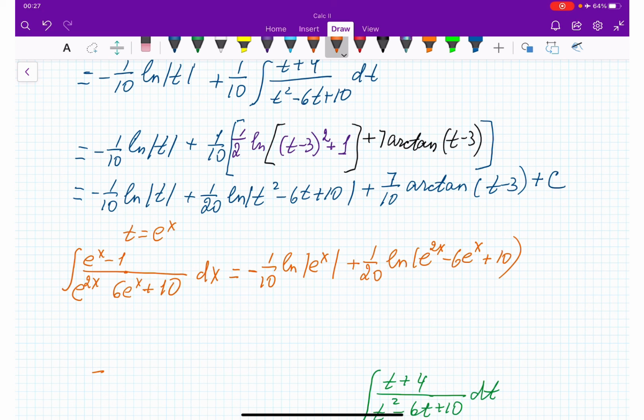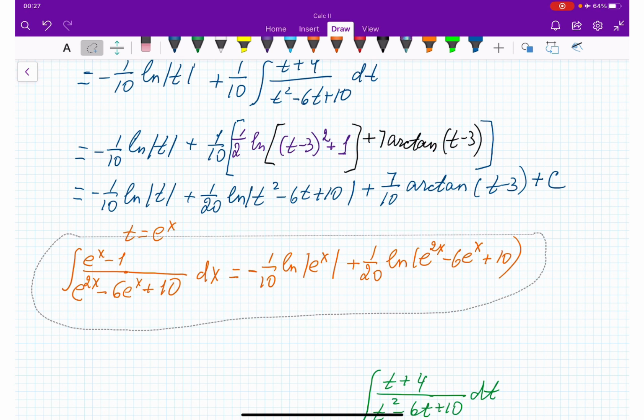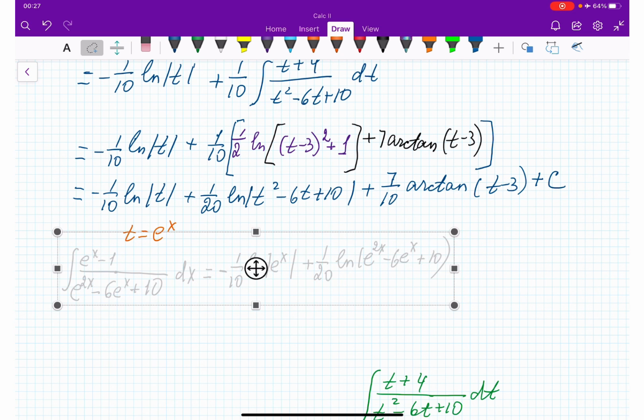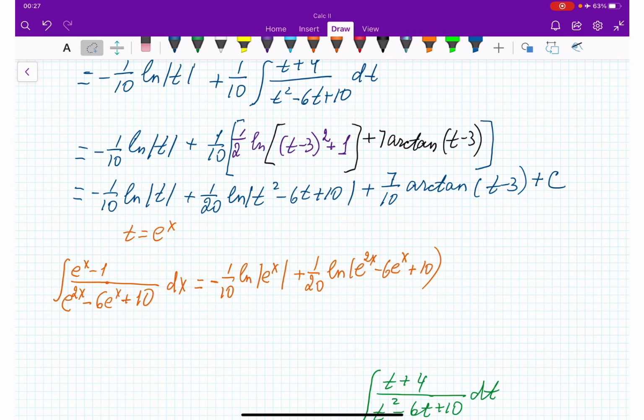That's okay. I can clean this and put minus here. All right, and let me make it compact so I can squeeze in the entire expression. And what do we have here? Plus 7 over 10 arctangent e to the power x minus 3 and plus c.